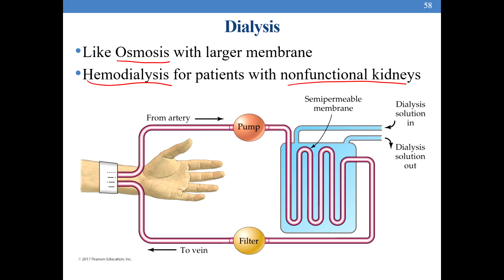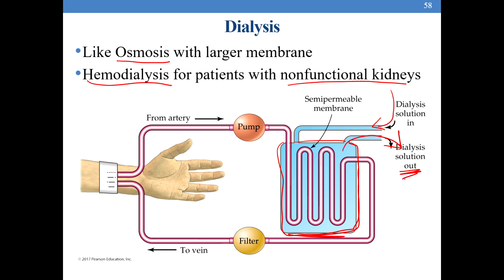So looking at this sort of blue image on the right half of the image, what's going to happen is we have a semi-permeable membrane and then a solution that's going to enter in to this chamber, this blue chamber, okay? The blood, which is this sort of red serpentine shape, is going to go through that blue chamber, and all of the toxins that are in the blood that the kidneys failed to filter out are leaving.